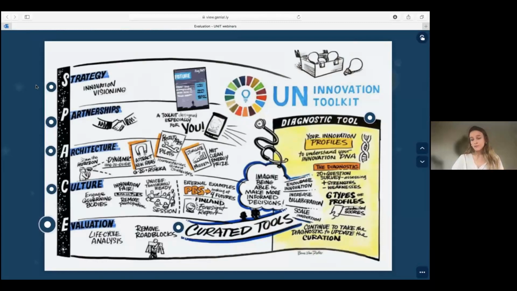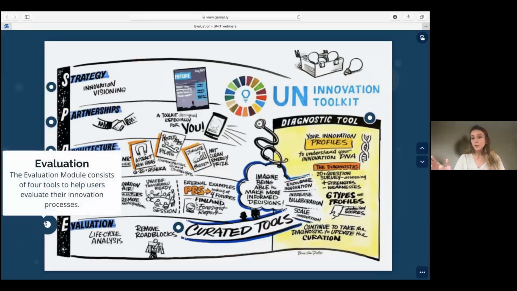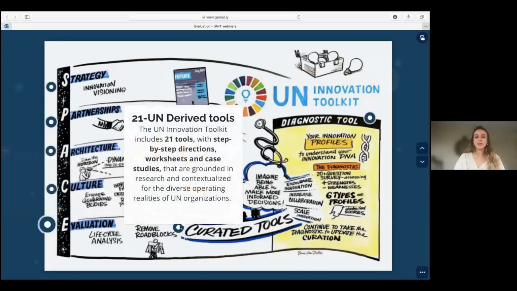It forms the SPACE acronym, and that is why we have all these rockets and figures around. Today we will focus on the evaluation model, which has 4 UN-derived tools out of the 21 tools that we have in this toolkit.